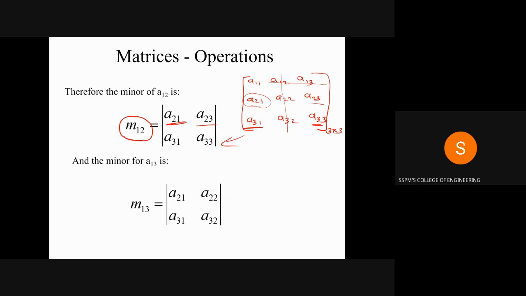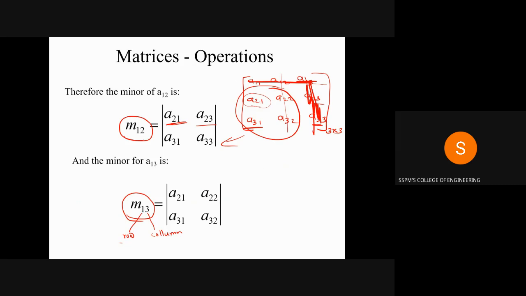Okay, now see here, M13. In 13, the 1 means the row number and 3 is the column. So 13 means you have to delete the first row and the third column. What do we get?